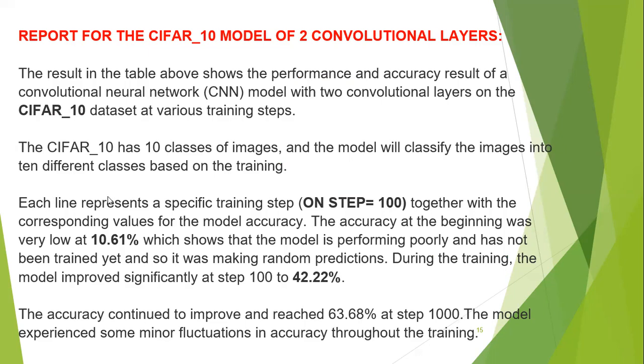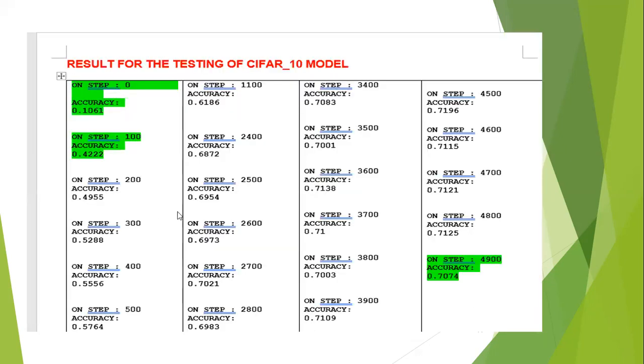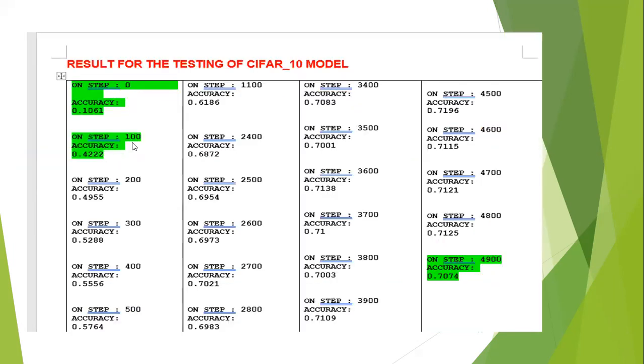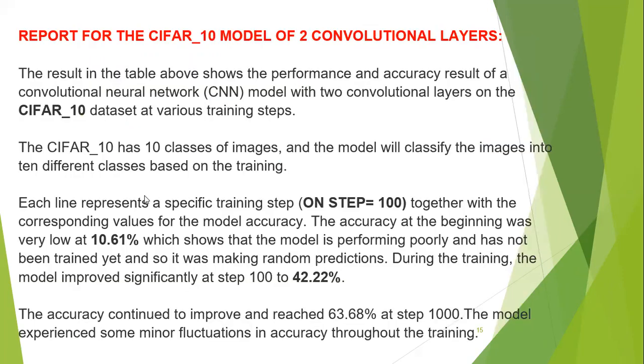Each line in these data sets represents a step, and our batch step is 100. As you can see, 0, 100, 200. And then this is just the description of what I just explained.